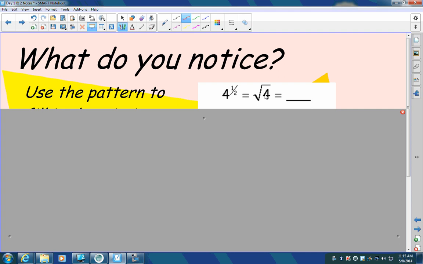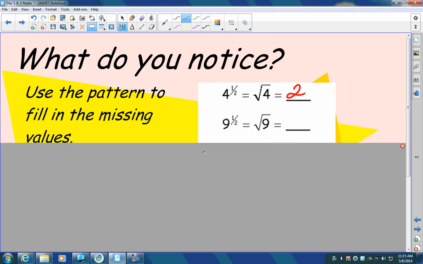What is the square root of 4? The square root of 4 is 2. What number times itself gives you 4? That's 2. Right here, 9 to the 1/2 means the square root of 9. That means 3, because the square root of 9 means what number times itself gives you 9.